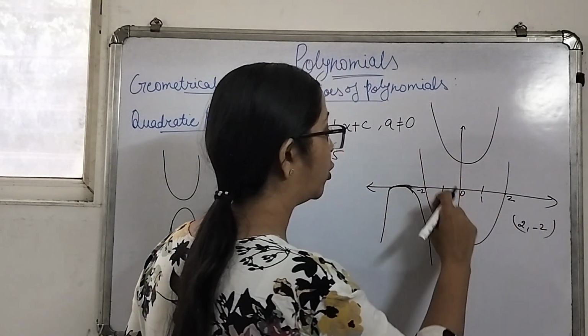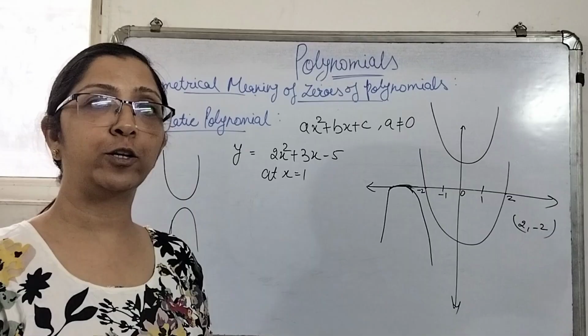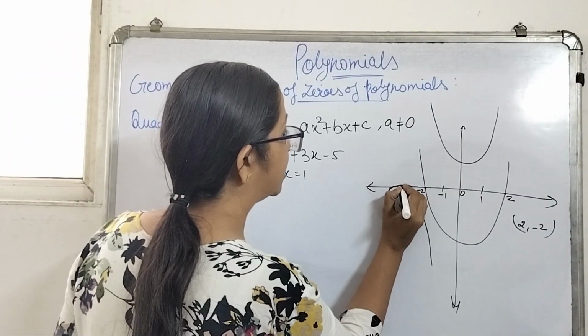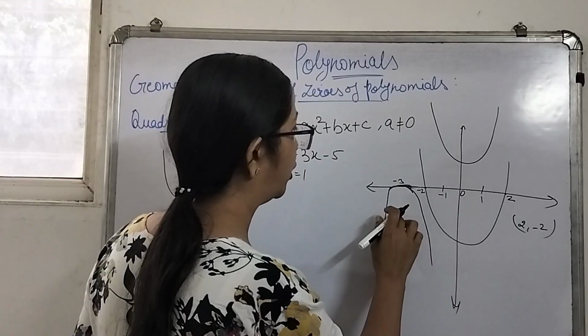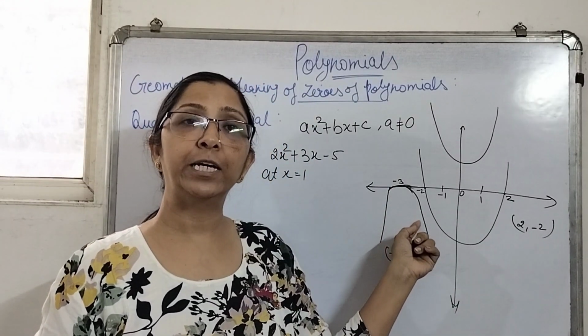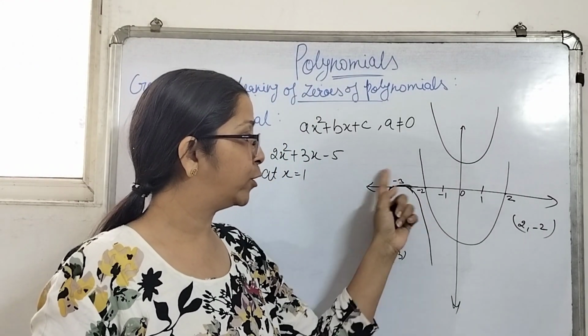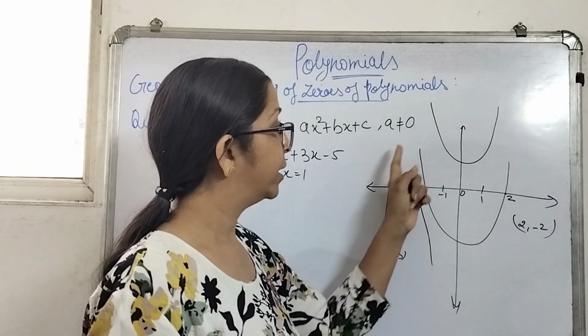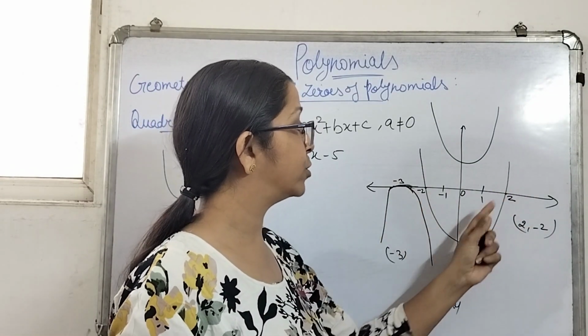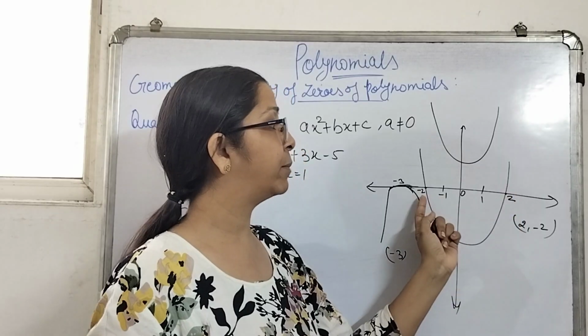Suppose this point is minus 3. So minus 3 will be the zero for this quadratic polynomial. This quadratic polynomial will have only one zero, and that will be minus 3. This polynomial will have two zeros, and the zeros will be 2 and minus 2.